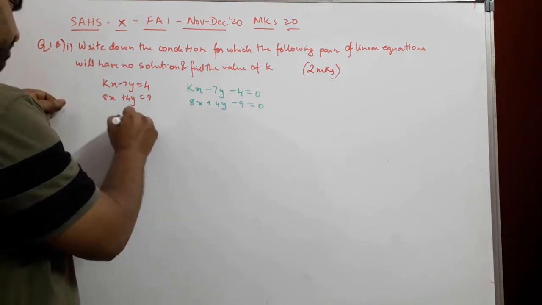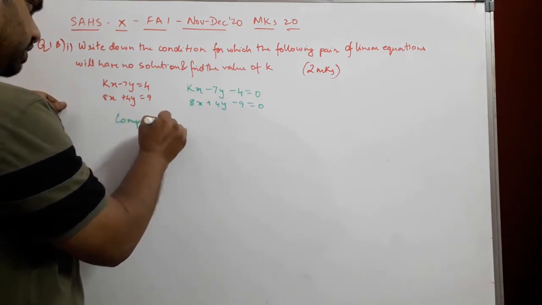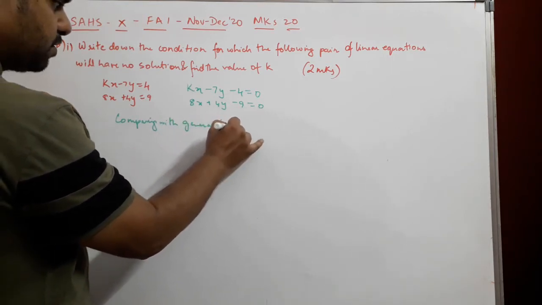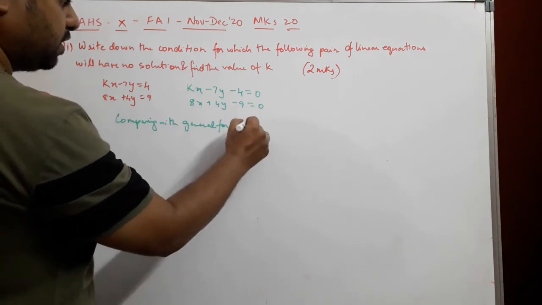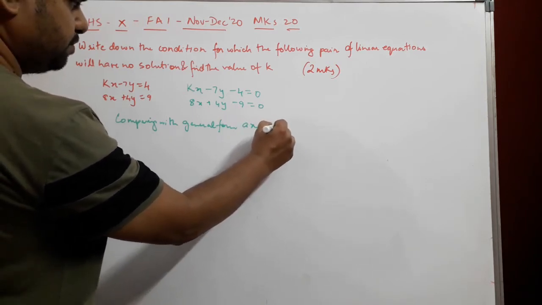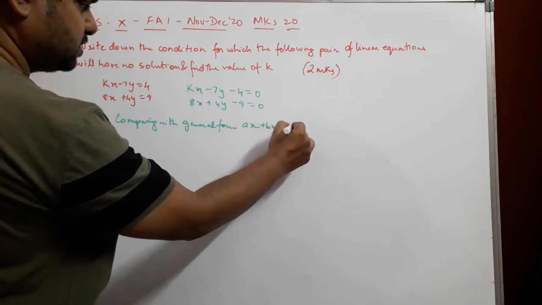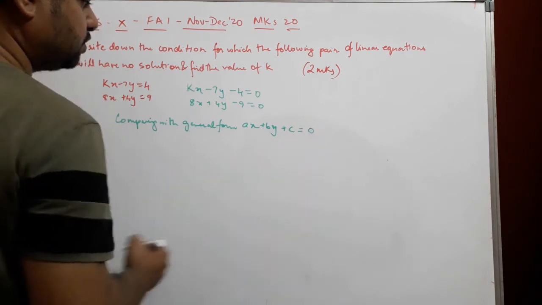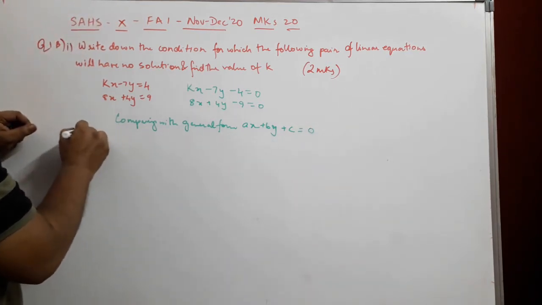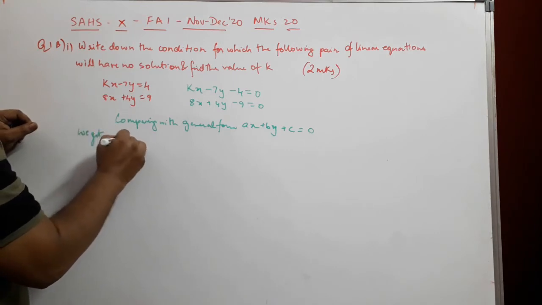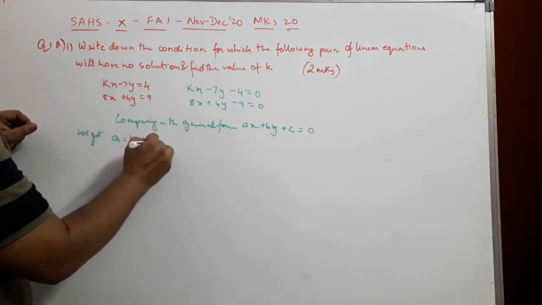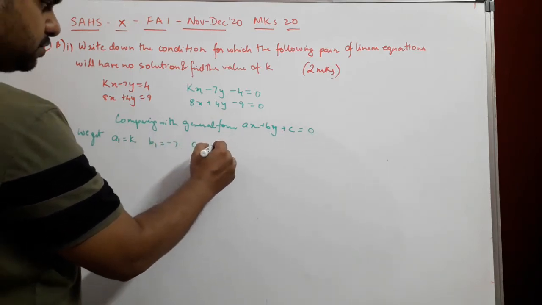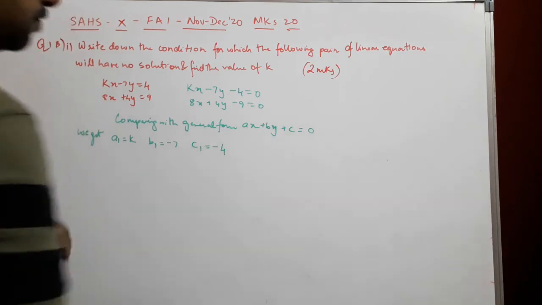Comparing this with the general form, ax plus by plus c equal to 0, we get a1 equal to k, b1 equal to minus 7 and c1 equal to minus 4.